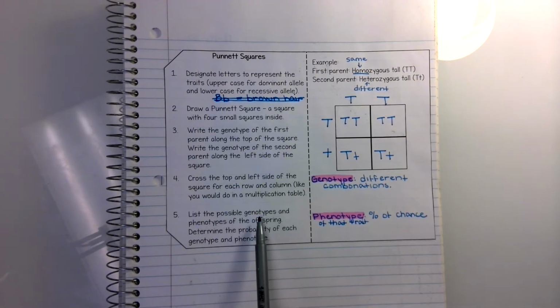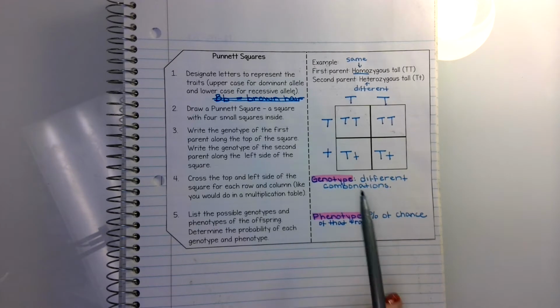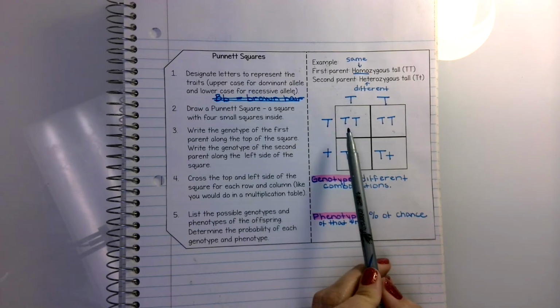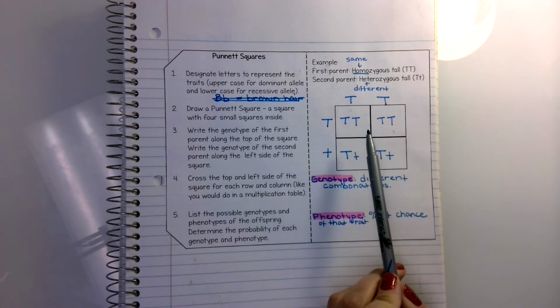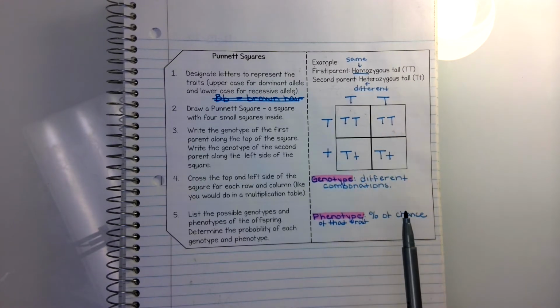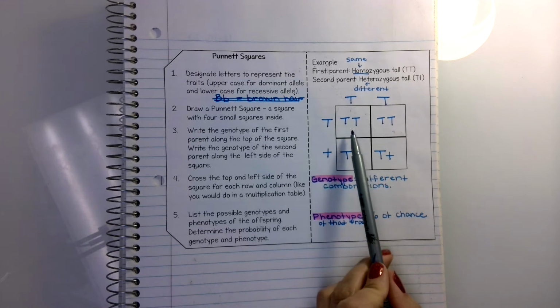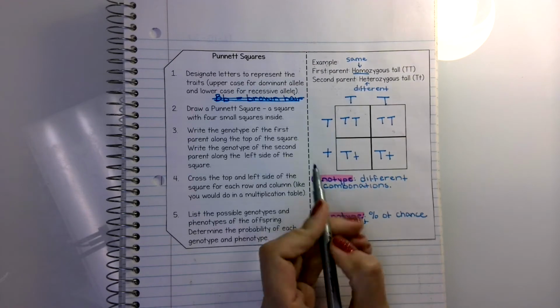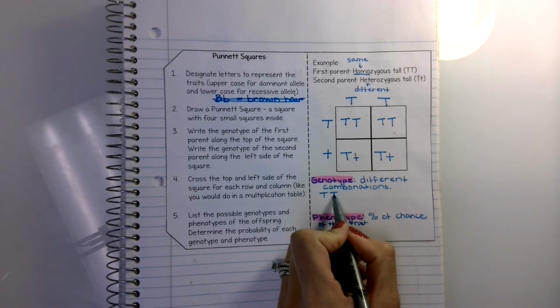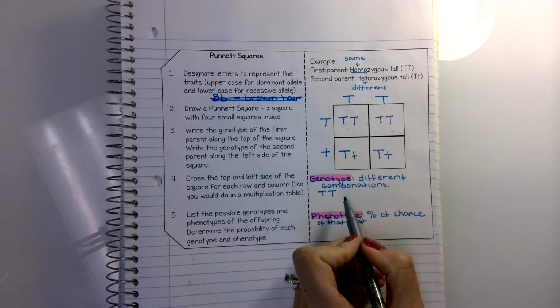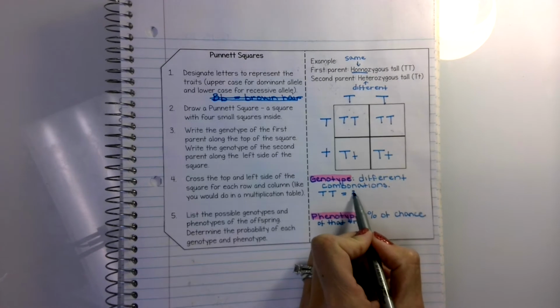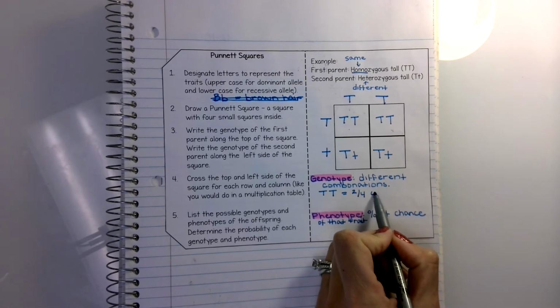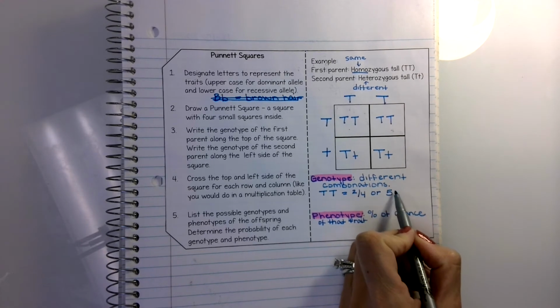So list the possible genotypes and phenotypes of the offspring, and determine the probability of each genotype and phenotype. For the genotype, it's the probability of each one. For being TT, there's 2 out of the 4, so 2/4 or 50%.